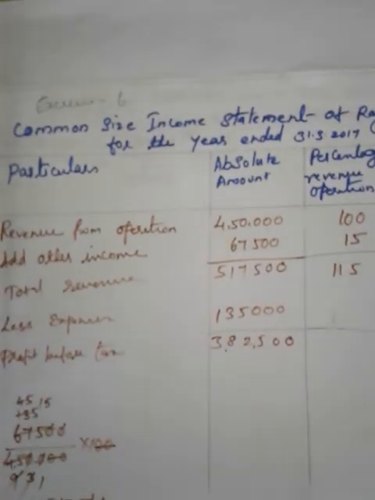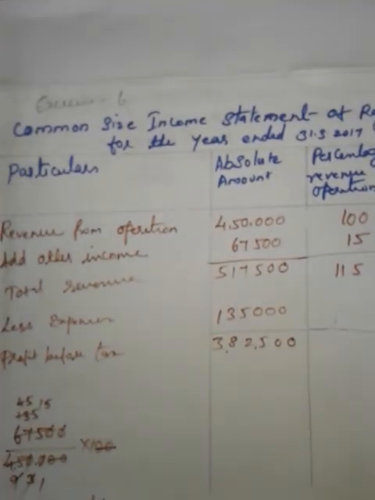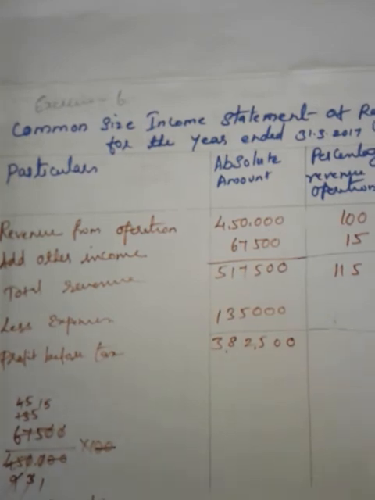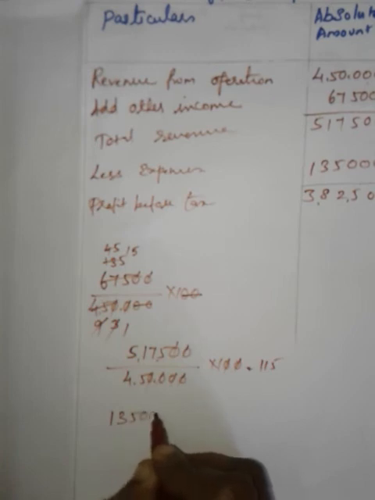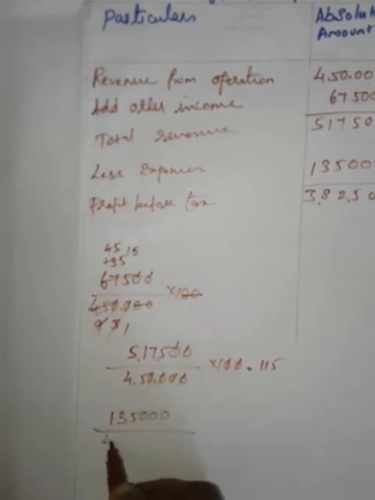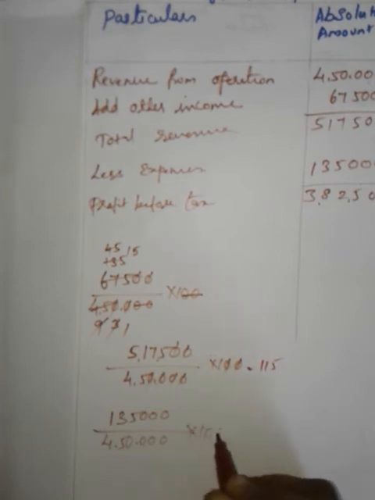Next I am going to compare the expenses. My expenses is 1,35,000, so I am writing 1,35,000. The base is 4,50,000 into 100.